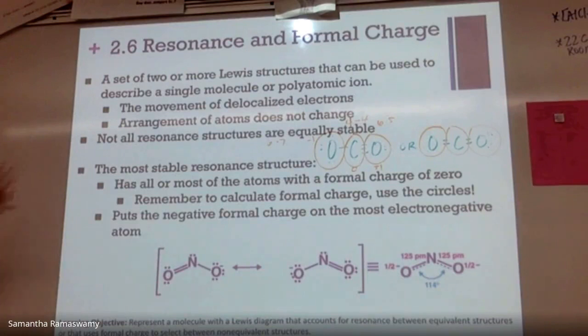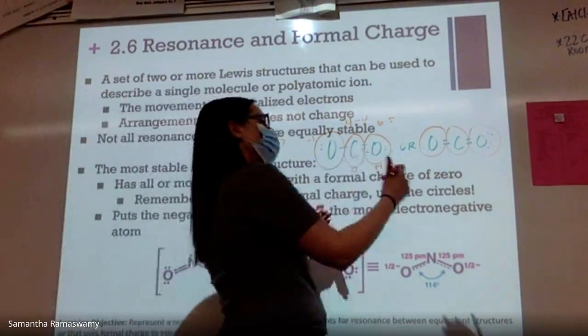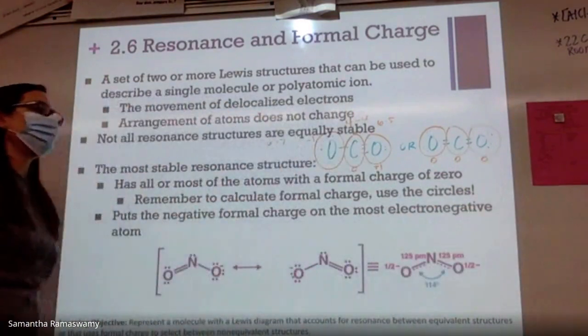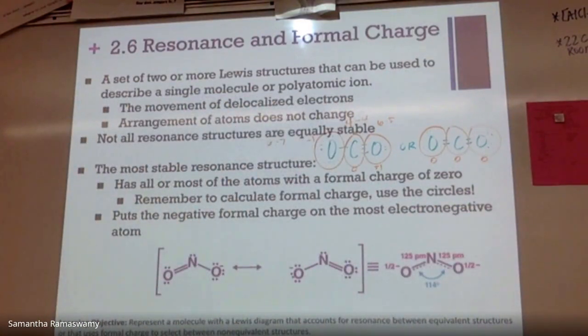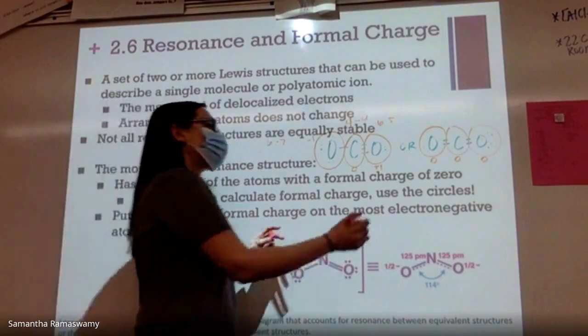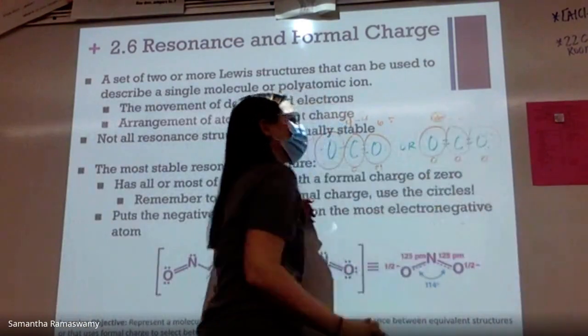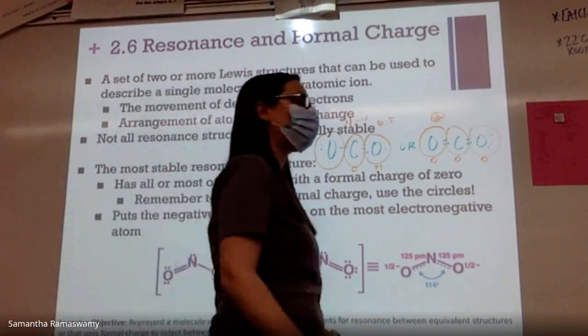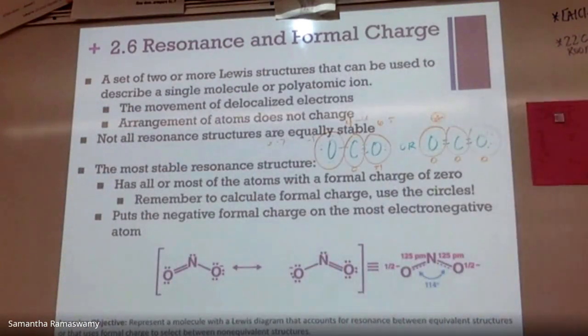So you have -1, 0, +1. You do the same thing for the other one. Every atom is 0. So the reason that CO2 with 2 double bonds is the better structure is because the formal charge on every atom is 0. So that's actually a reason for why one structure is better than another. It's formal charge.